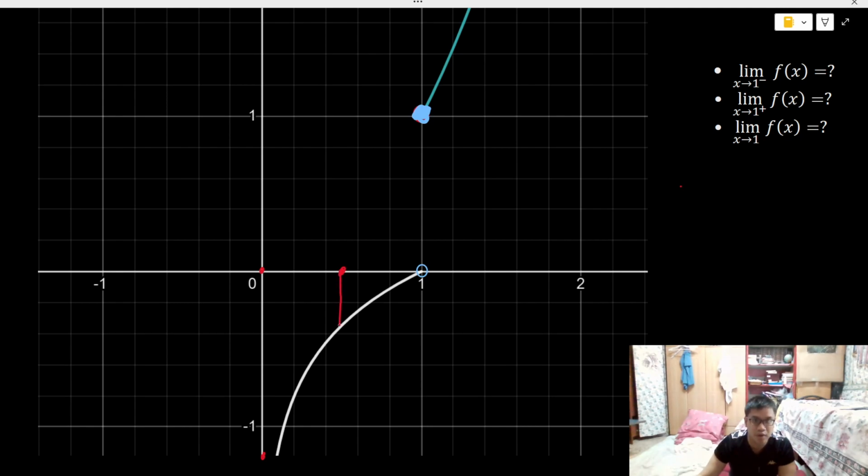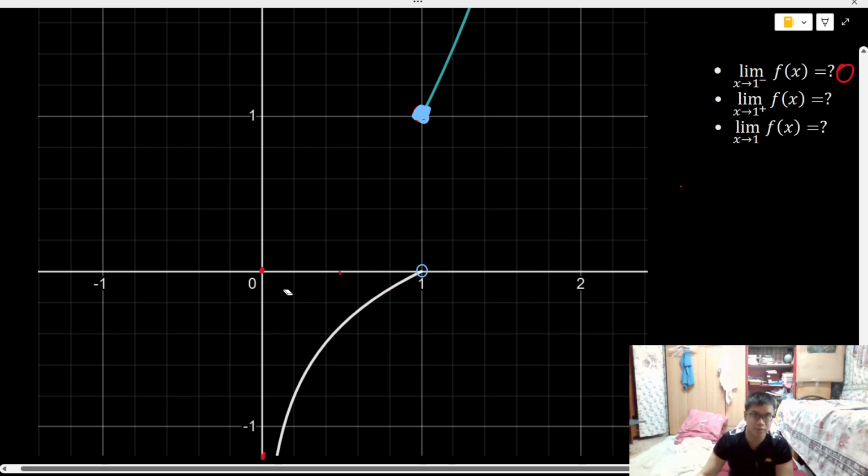So which is this one. That means your value would be closer to 0. So if we get closer to 1, we get closer to 0. And there we go. So as our x value approaches 1 from the left, the answer would be 0.